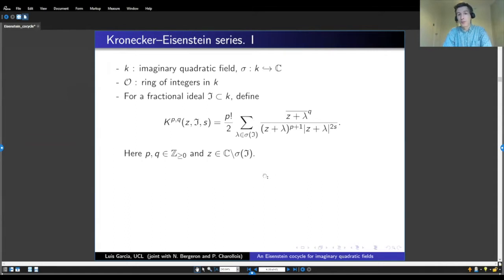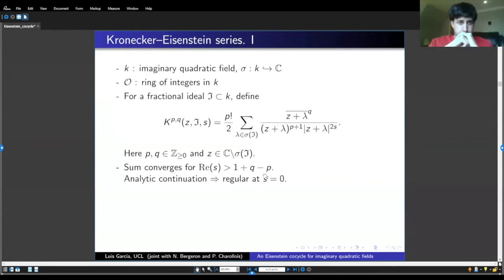So it depends on two non-negative integers P and Q, and it's just given by that expression. You sum over some fractional ideal, which forms a lattice in C, and Z has to be a complex number that's not in the image of this ideal.